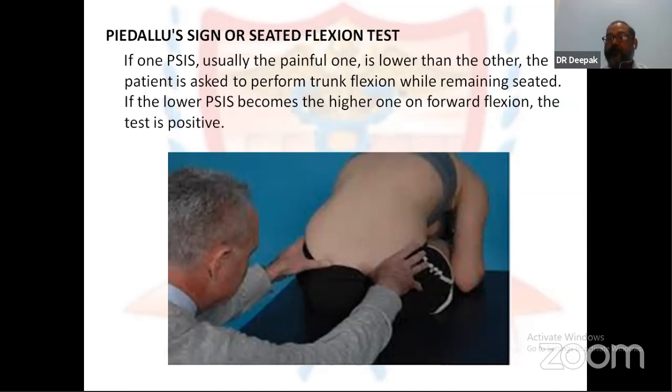In sitting position we palpate both PSIS, then instruct the patient into forward flexion. If the lower PSIS becomes the upper PSIS, that means the SI joint is involved and the test is positive.